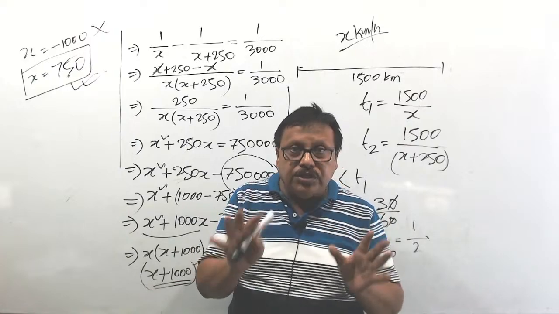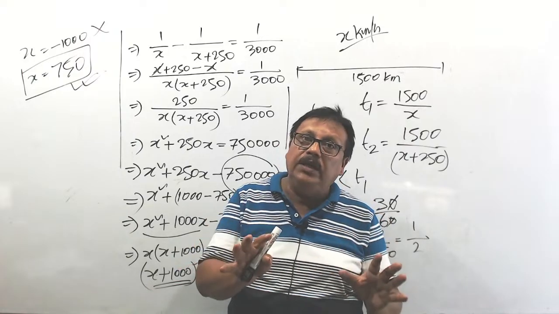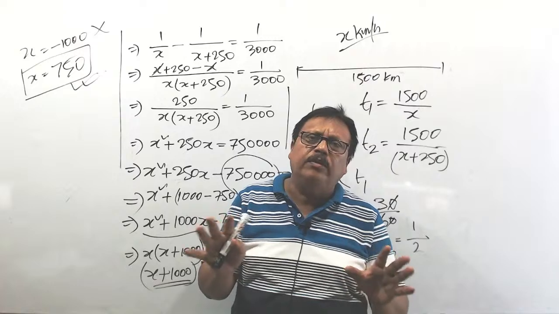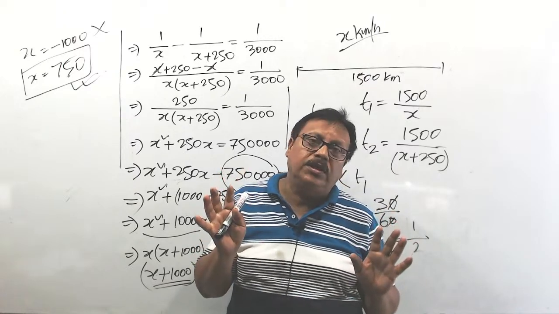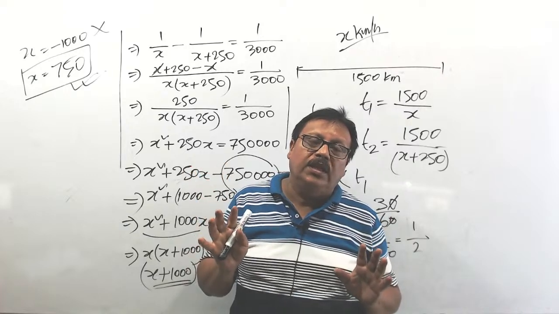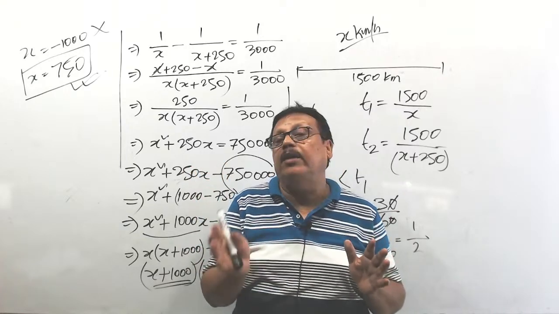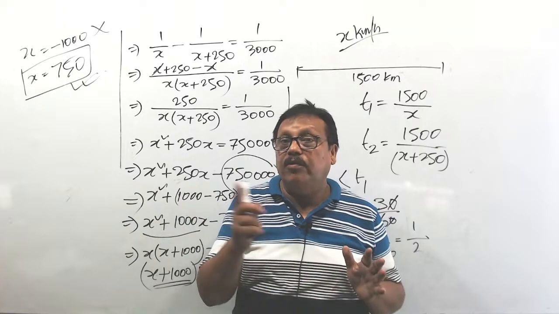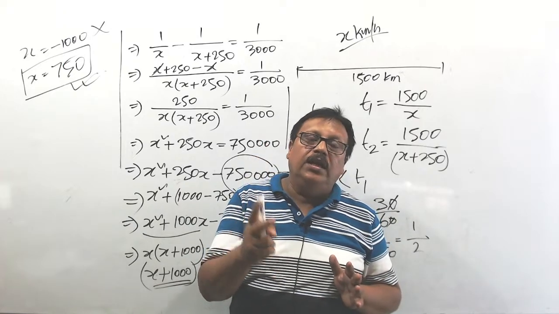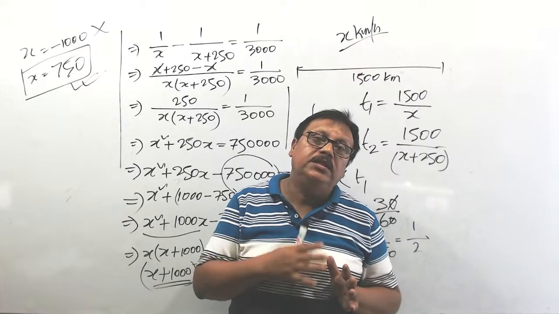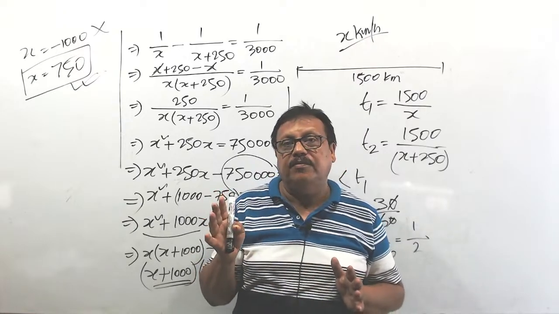Then you will structure the story into a quadratic equation. Then you will solve. In a quadratic equation, you will always get two values, and the negative value you will always try to avoid.